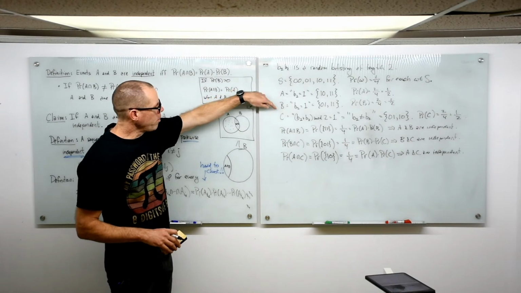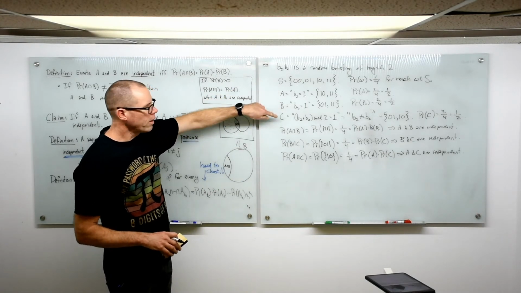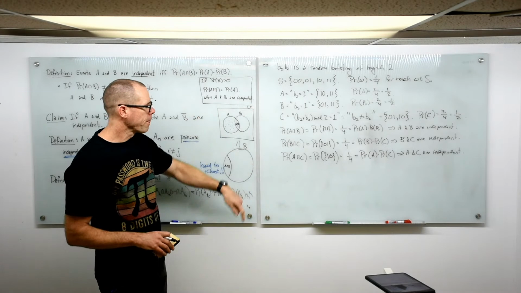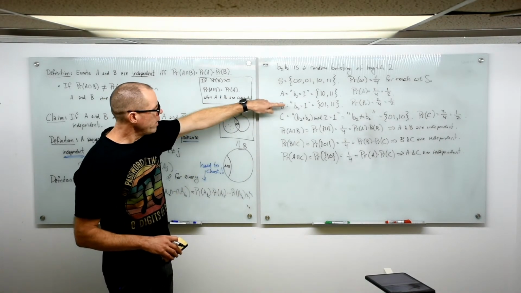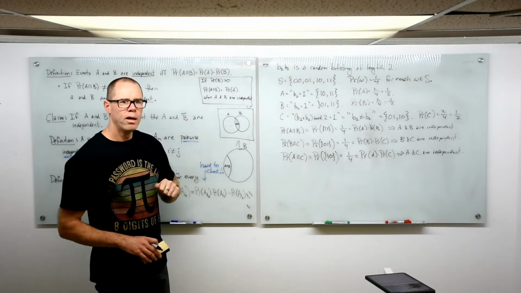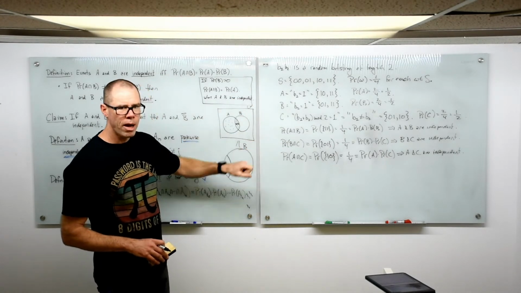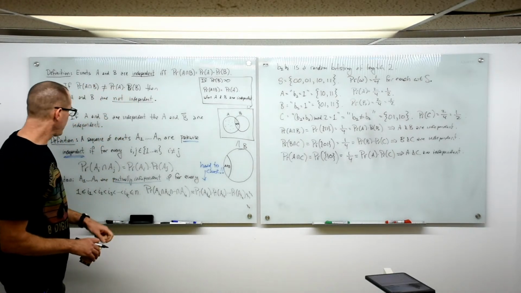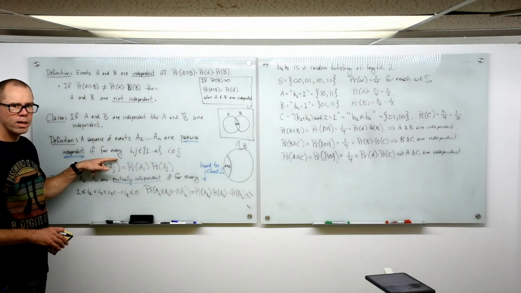So A and B are independent, B and C are independent, and A and C are independent. So if these are my three events, A, B, C, then every pair of those are independent, which means that they satisfy this definition of pairwise independence.